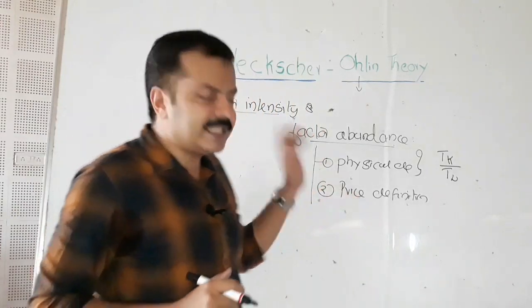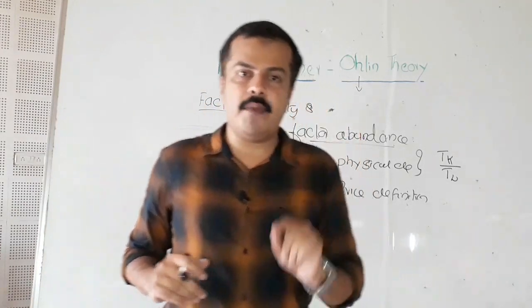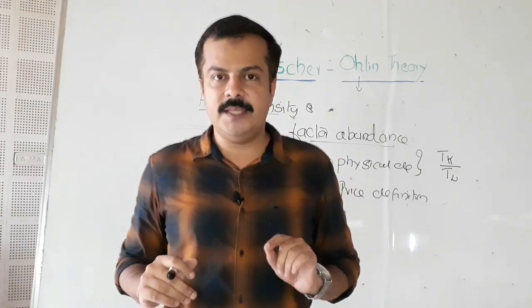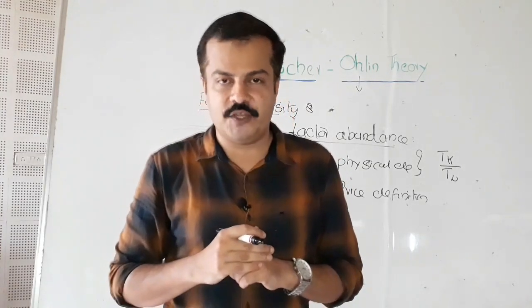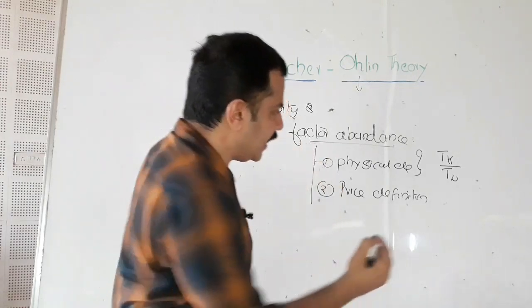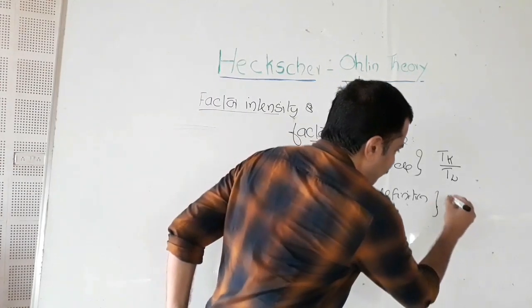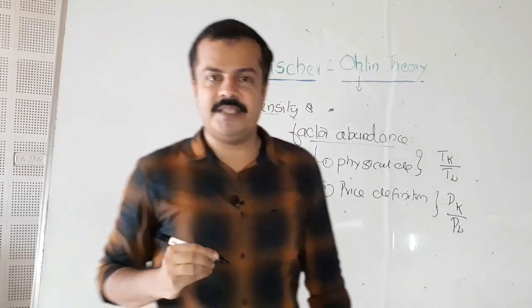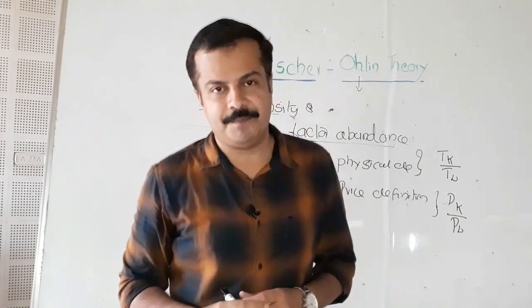Now, the price definition talks about the rental price of capital and labor, the price that is paid to the factors of production, capital and labor. So here the equation is Pk by Pl, that is, price of capital divided by the price of labor.